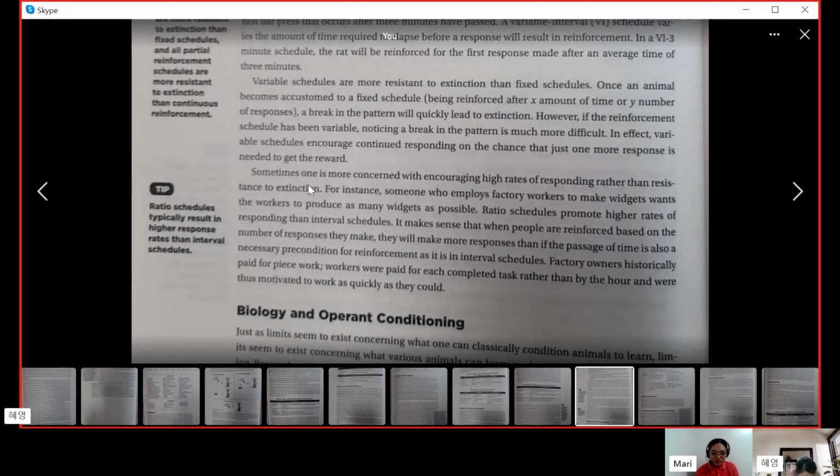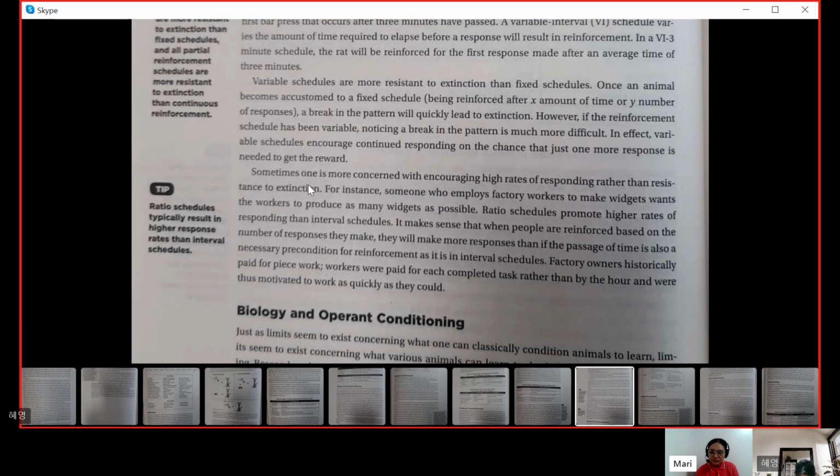Variable schedules are more resistant to extinction than fixed schedules. Once an animal becomes accustomed to a fixed schedule, a break in the pattern will quickly lead to extinction.